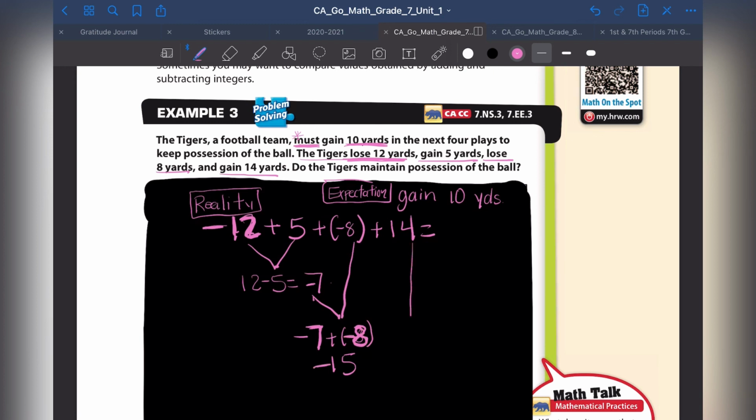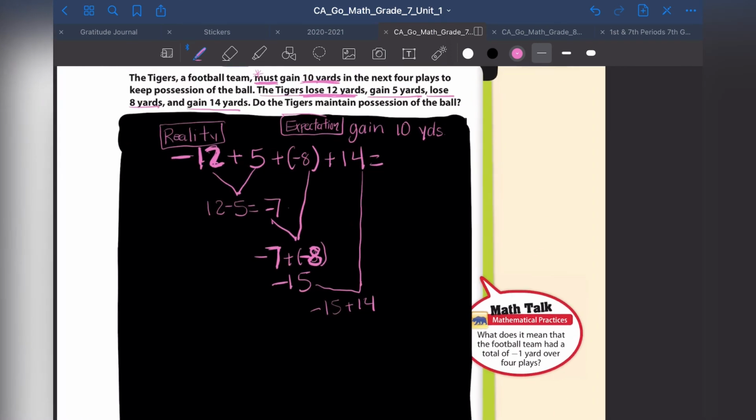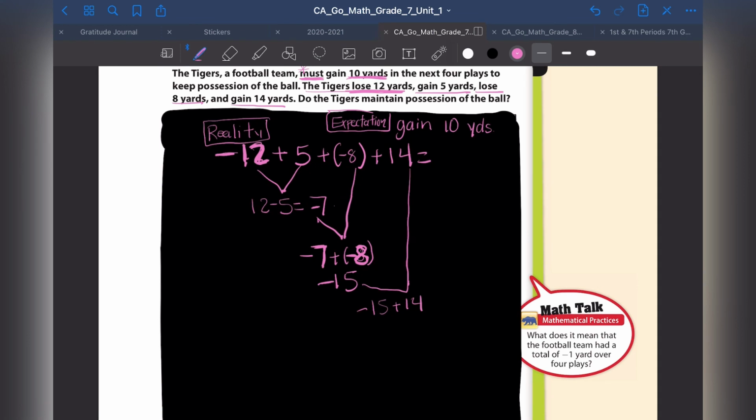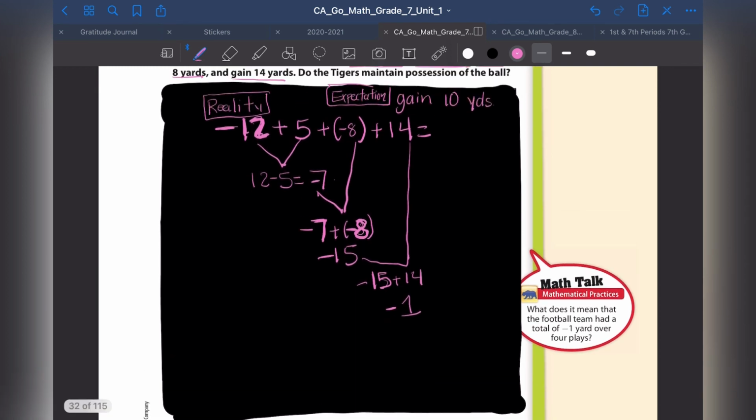And now I add that to the 14, so now I have negative 15 plus 14. The larger digit is 15 and that one is negative, so I'm going to keep it negative. So the expectation was 10 yards.